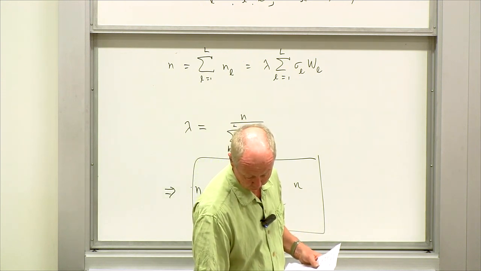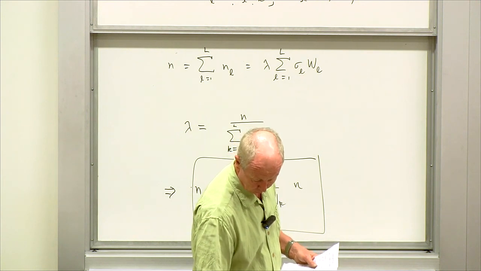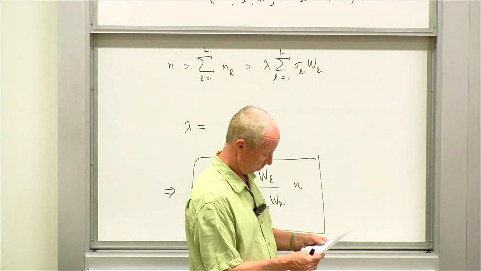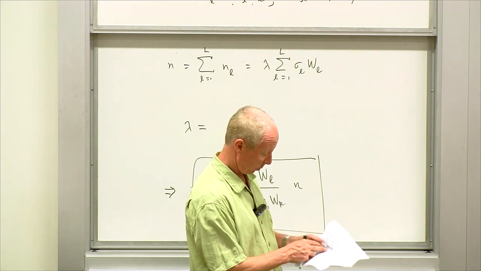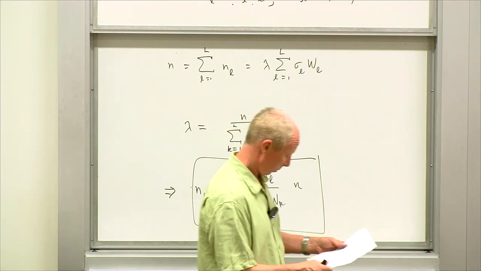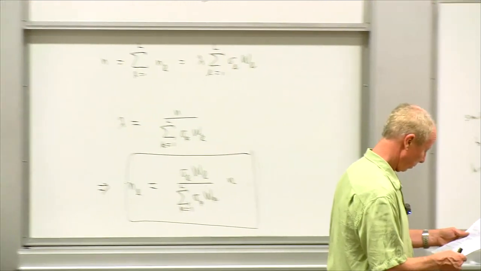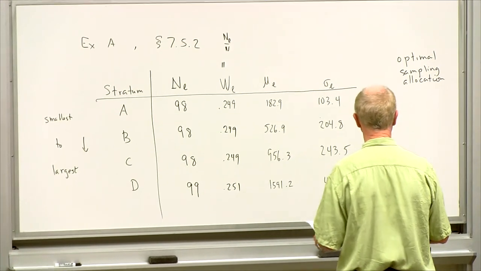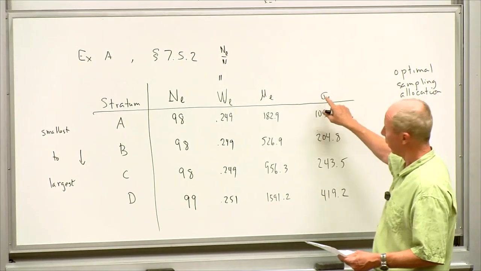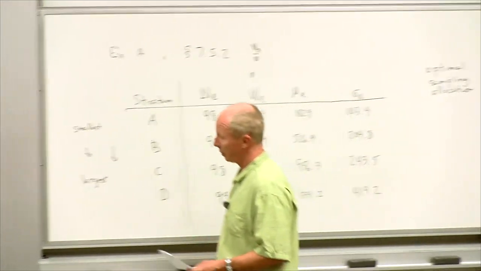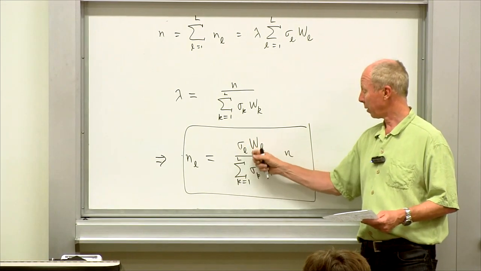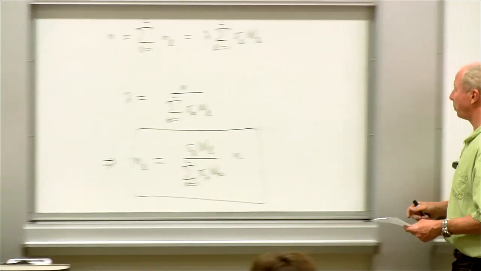Let me just check. Yeah, okay. You don't square them, I'm sorry. You multiply this times this, add them up, multiply that times that, take this ratio, and here's what you get.